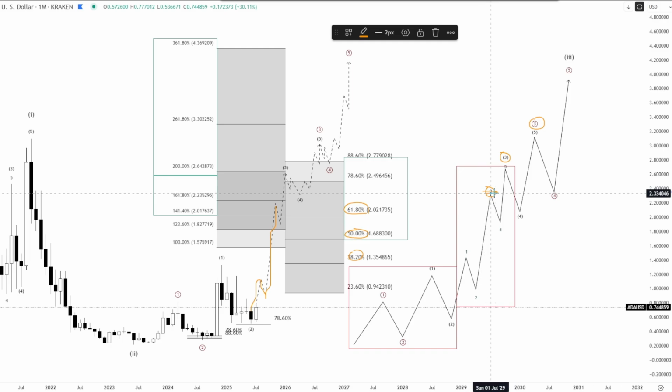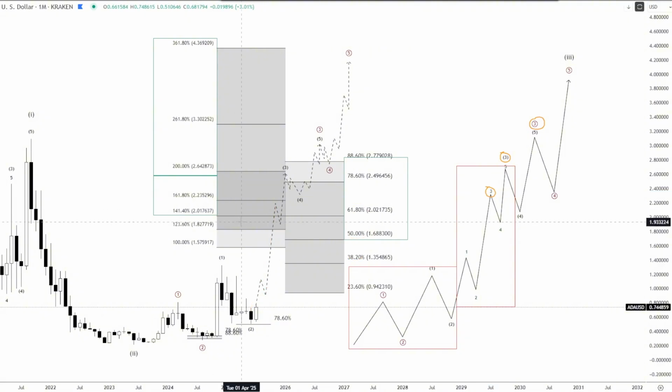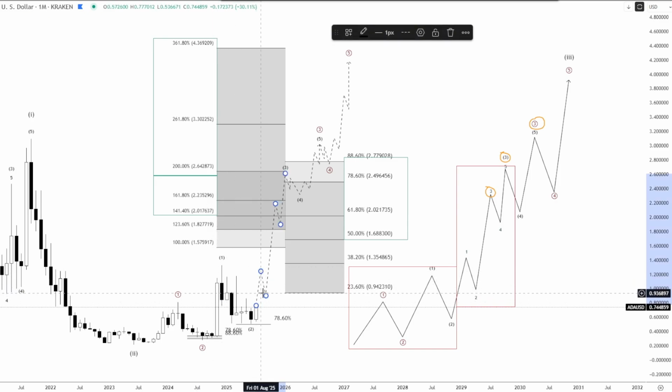Maybe this wave here could see some resistance before $2. Let's draw it a little bit more accurately. So the first wave should pinch here into this resistance area.